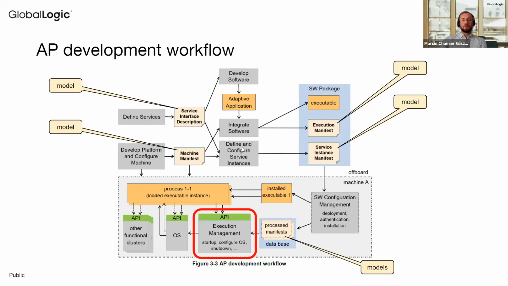Thanks to this information, a set of generators generates our package, the execution manifest for the execution manager, and the service instance manifest, which, in case of using CommonAPI communication, provides a JSON file for the CommonAPI communication. In the service instance manifest, we have the description of the service name and the interface which it provides. Based on that, we can already integrate our application into the developed platform.